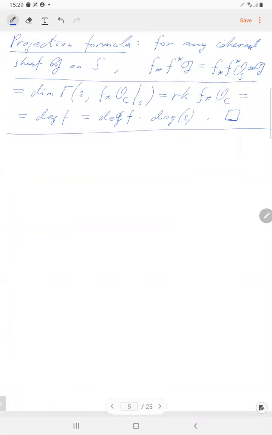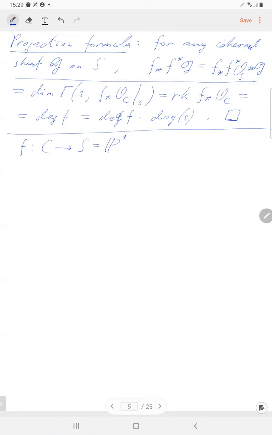Now let's consider a rational function f. So it will be a morphism from C to the projective line.